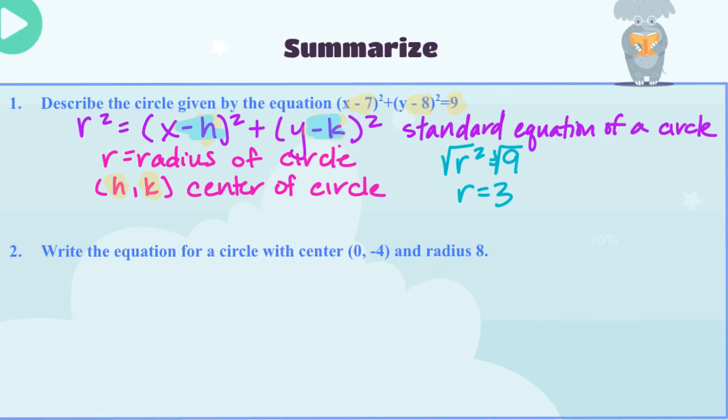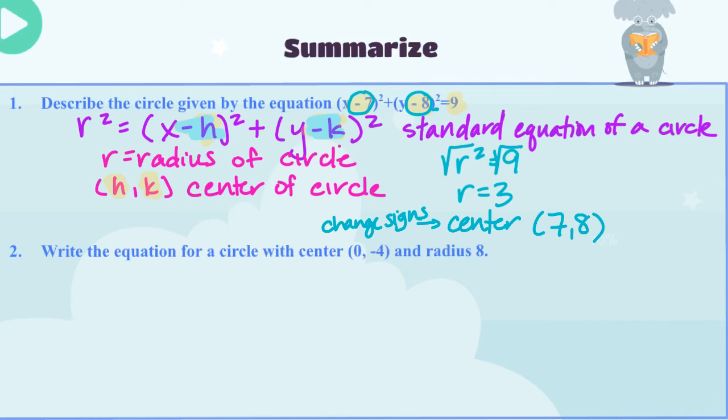So we have to make sure that we change the sign. So the center of our circle is going to be (7, 8). Make sure you change the signs from the equation to the ordered pair.